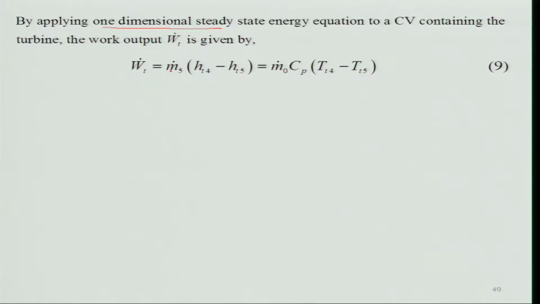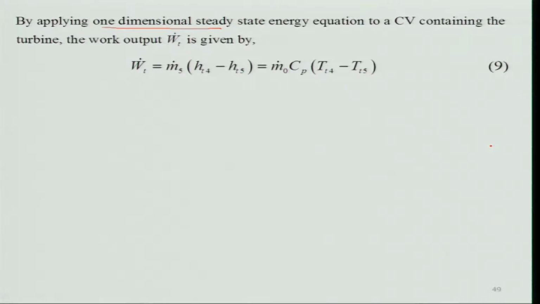The turbine work will be m dot 5 times the difference of Tt4 and Tt5, right? Keep in mind that we are assuming mass continuity is maintained, because we are talking about one-dimensional flow. So m dot 5 is equal to m dot 4.